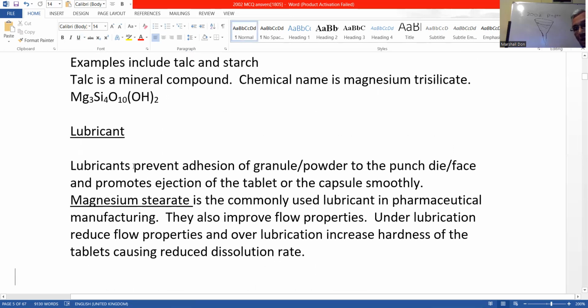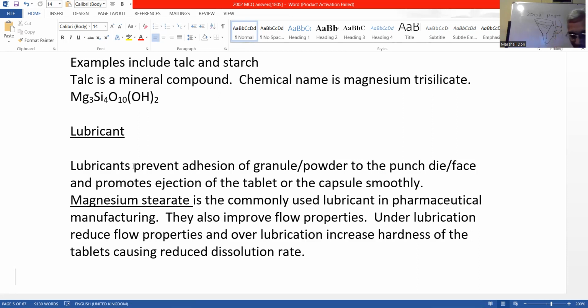Lubricants are something else. When it goes to the tablet manufacturing place, it has a punch. Like this one punch, and from down another punch. These two come together and make the tablet here, punch the tablet here, press it.